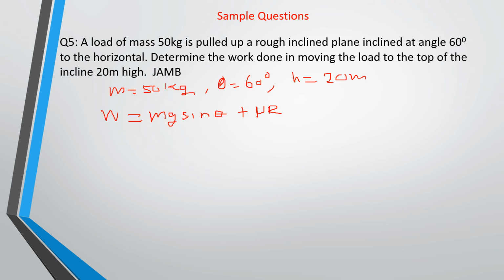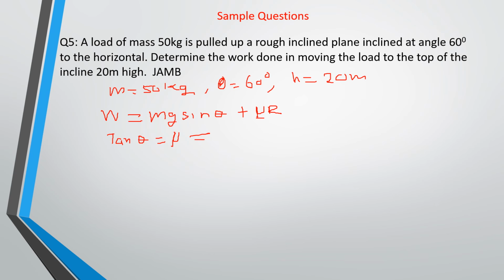Okay, so having known this, in this particular case we don't know the coefficient of friction. Coefficient of friction can be gotten from tan theta is equal to coefficient of friction. So tan theta is equal to mu.